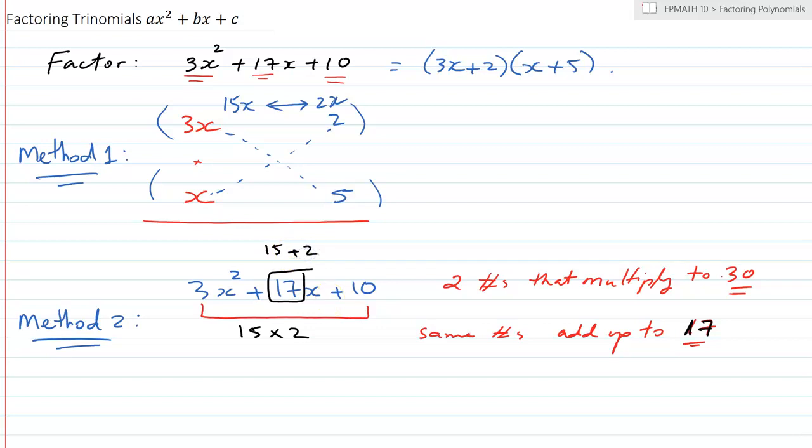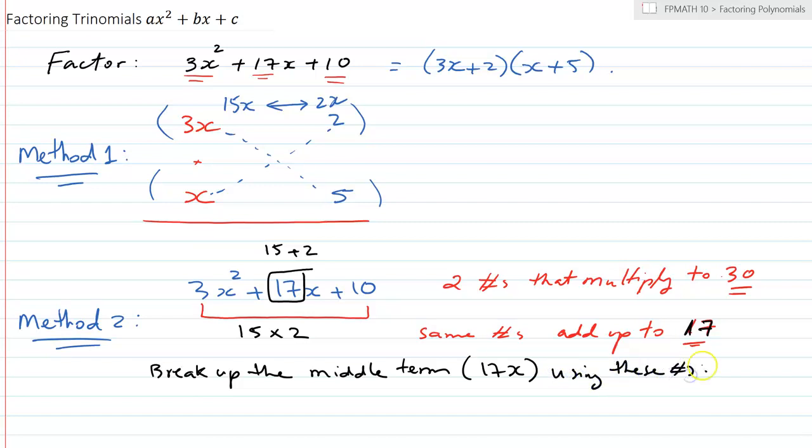Great. Now that you have 15 and 2, you break up the middle term, which is 17x, using these numbers.